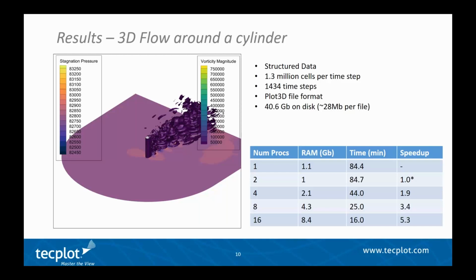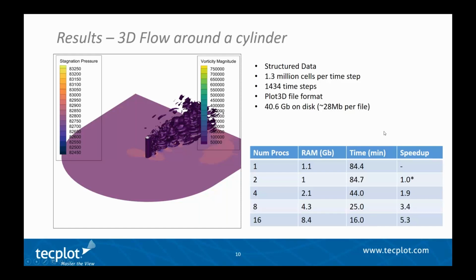So the Plot3D file format, Tecplot, it doesn't supply min and max values, so Tecplot does have to scan through a file to do some additional calculations on first load. But we started seeing scaling after 2 processors. All of the results that I'm showing you here were on a different machine that had also 24 cores, but 128 gigs of RAM. So you can see that this one scaled up to about 16 cores.